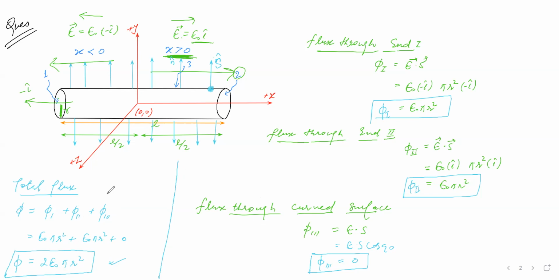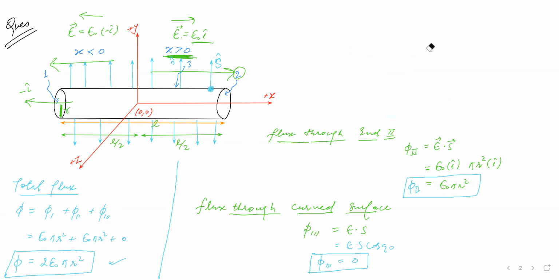So this is the total flux passing. But the question also asks for the amount of charge enclosed by the surface. So what is the total charge enclosed? We can calculate it.